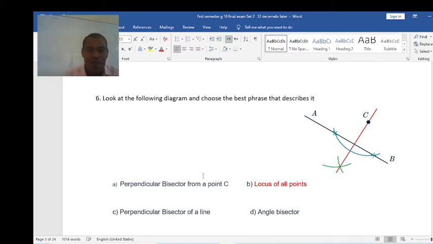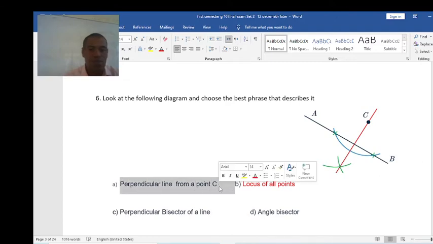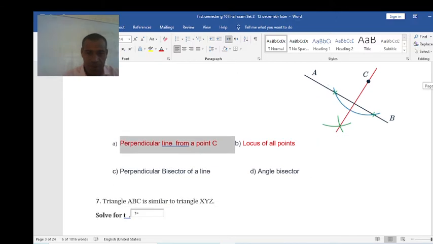We have locus of all points, perpendicular bisector of a line, angle bisector, or perpendicular line from a point C. You can see this is the perpendicular line from the point C to the line AB. So this one, my learners, is the correct answer. Clear? This is about the locus chapter. Now we move to the next one.